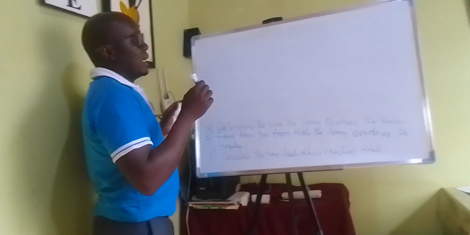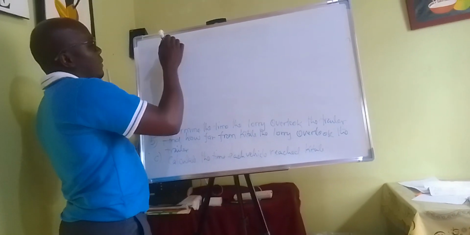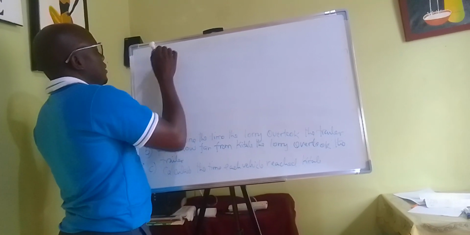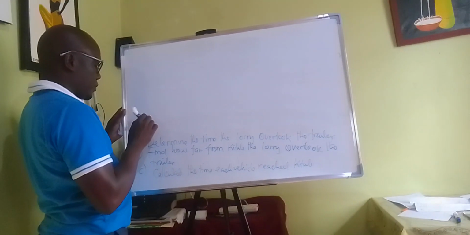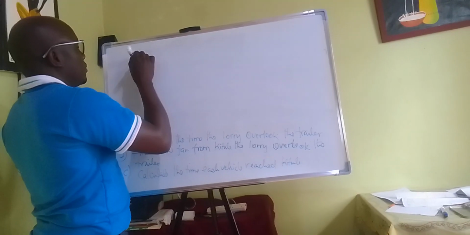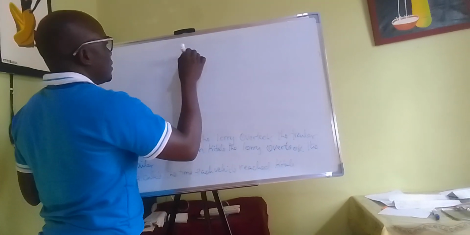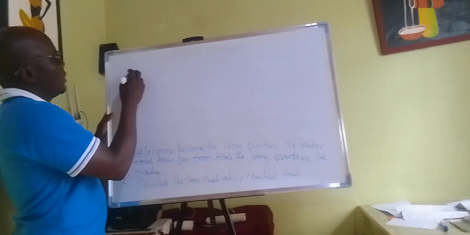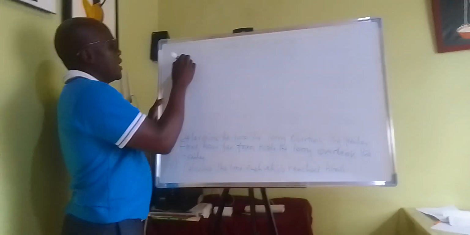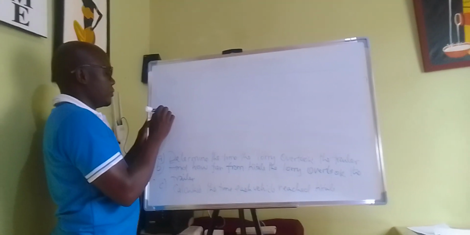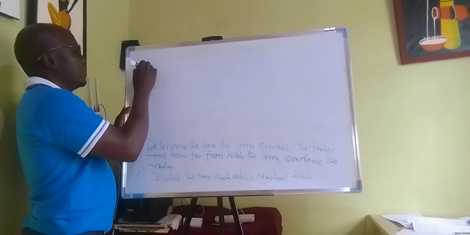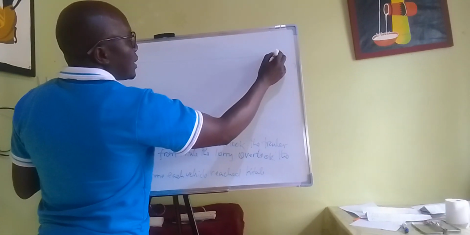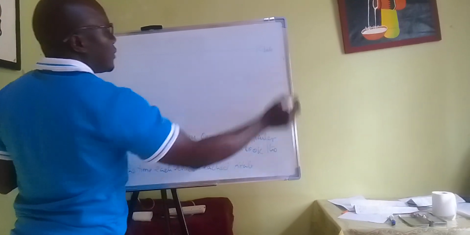We can draw a line to help us understand this, to represent the two bodies. On this side we have Nairobi, and on the other end we have Kitale.